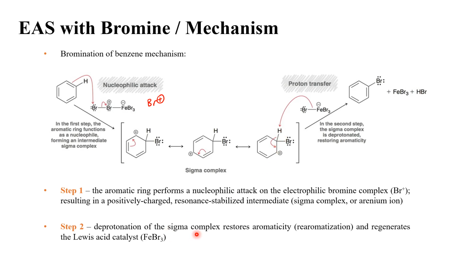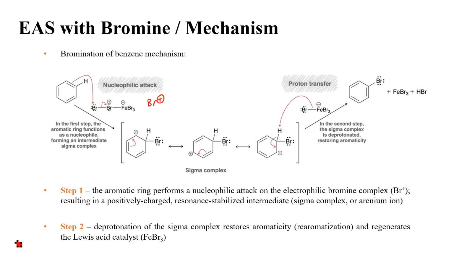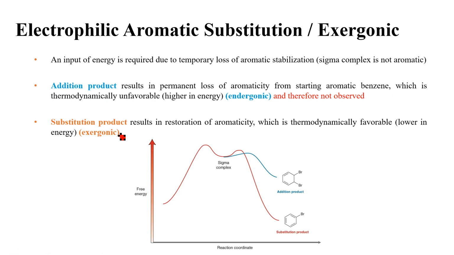Deprotonation of the sigma complex restores aromaticity, and you regenerate your catalyst, and you form your product. Okay? So that's basically how this works. Now we're able to see how we can add different groups through EAS on an aromatic ring.